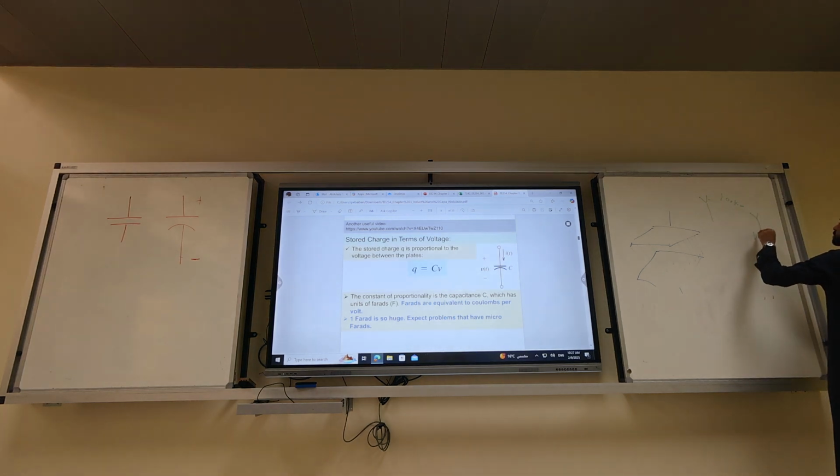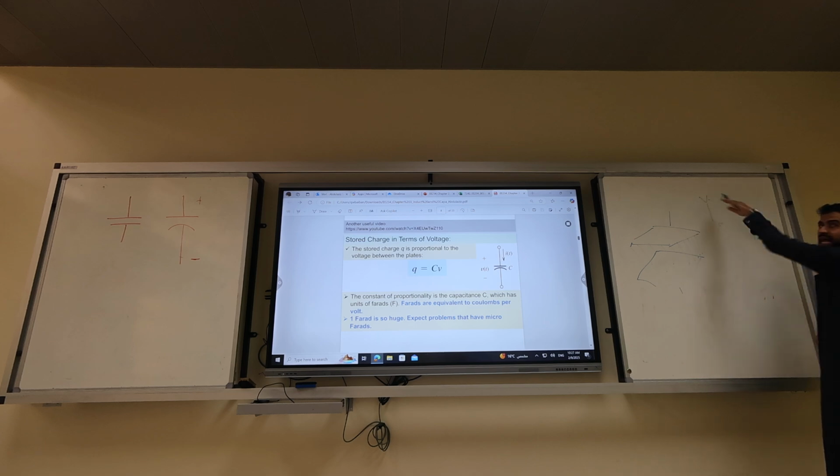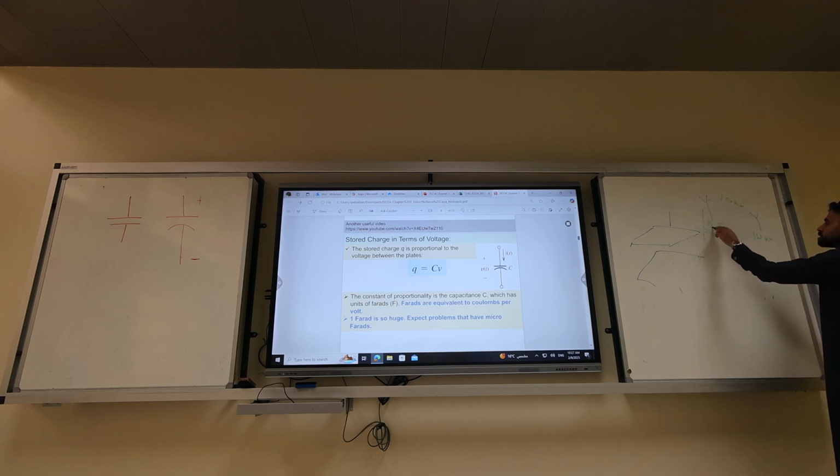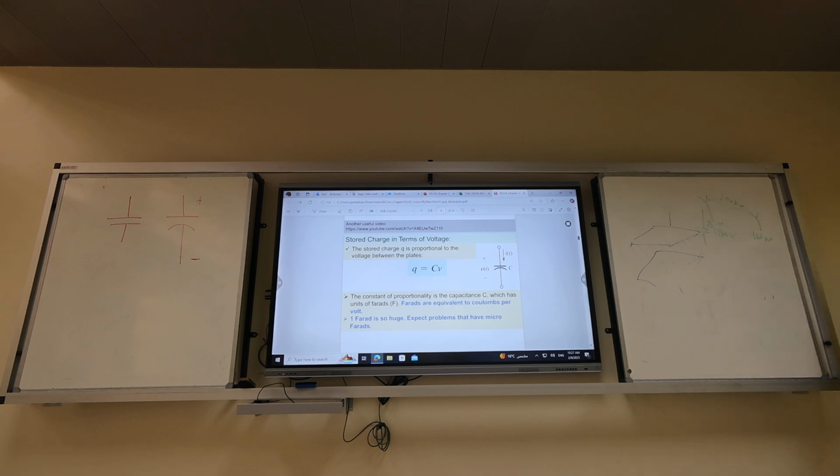If you send a voltage of 115 kV, maybe here it will go down to 90. If you connect a capacitor bank, this 90 will actually be elevated back to 115 kV. This is one real life application.